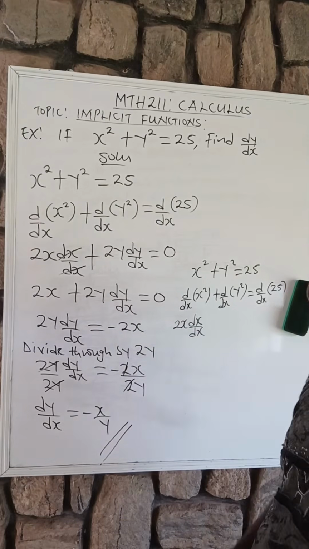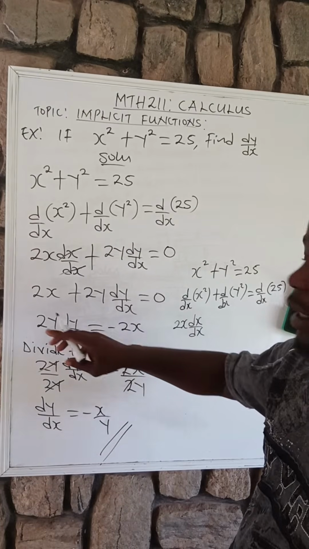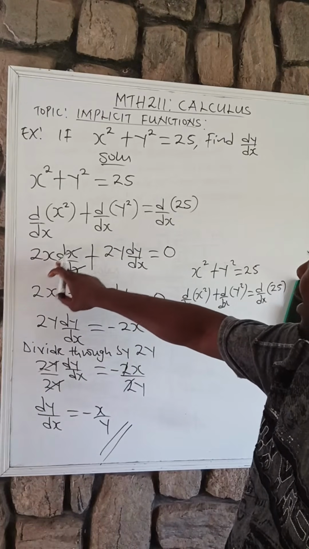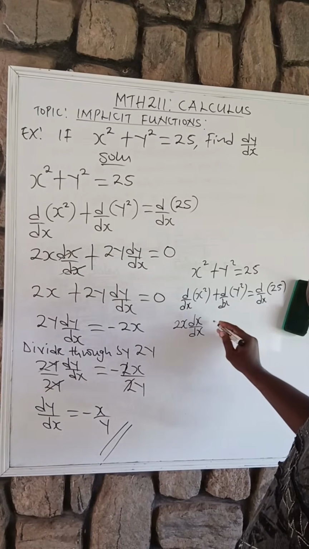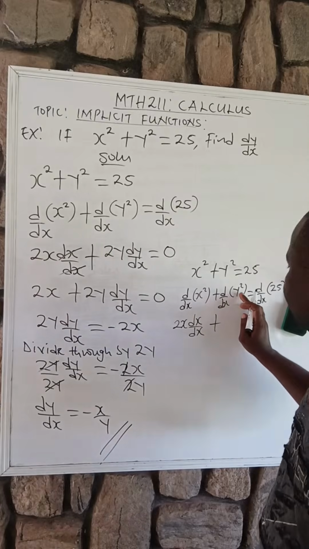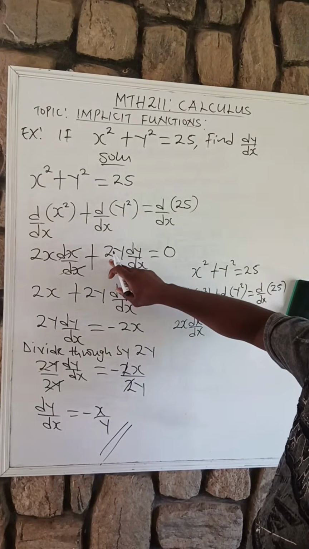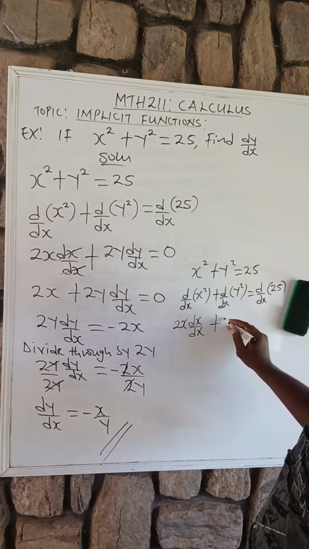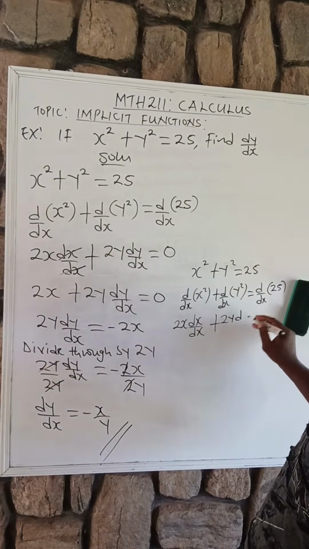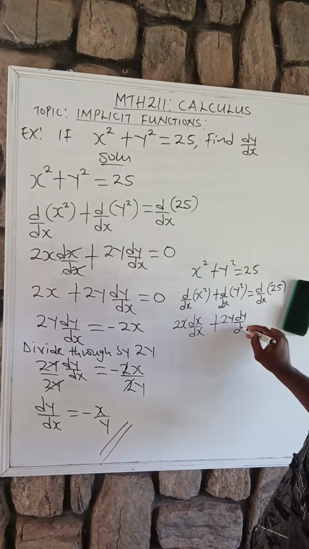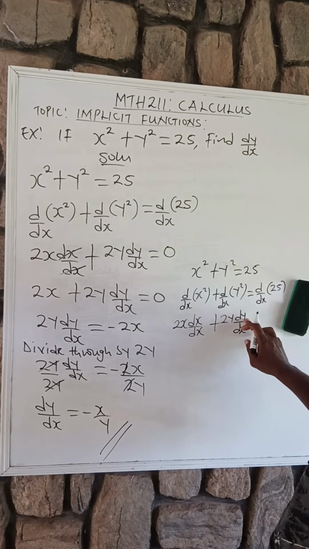Can you see now? Yeah. So that is the reason why we obtain 2x dx all over dx, then plus the same thing applicable when you differentiate y squared. You are going to have 2y dy. It means you differentiated for y.